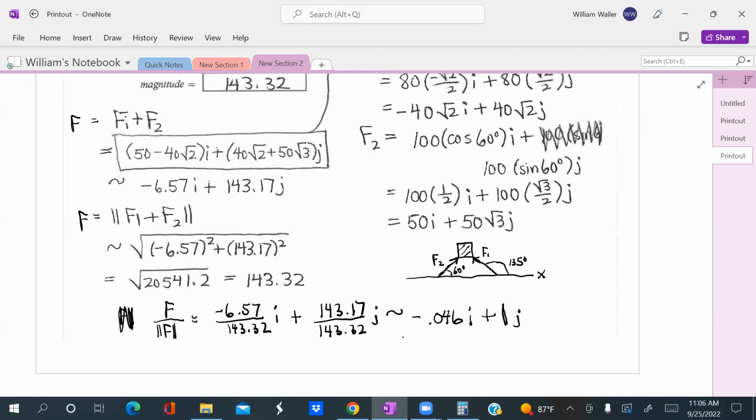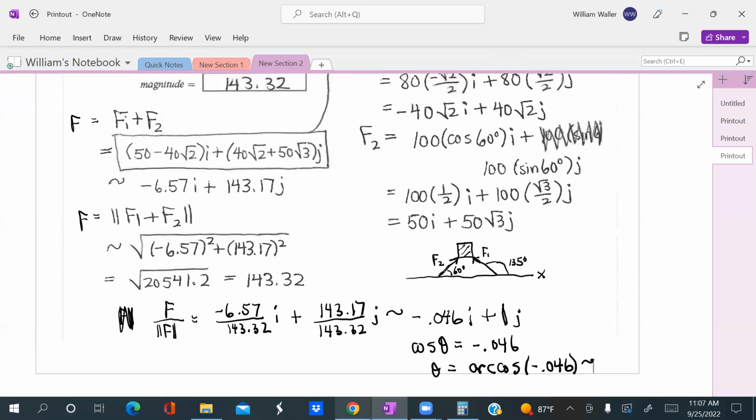You know that the cosine of its direction angle is going to be minus 0.046, or its direction angle is the arc cosine of minus 0.046 if we did our calculations right.